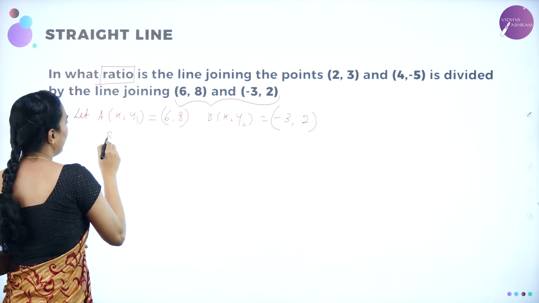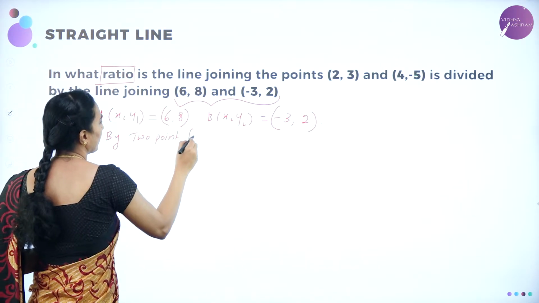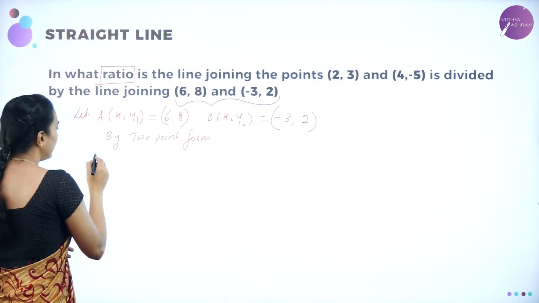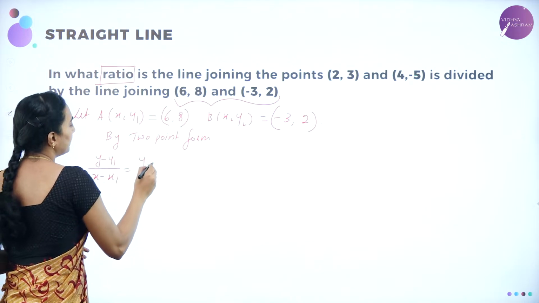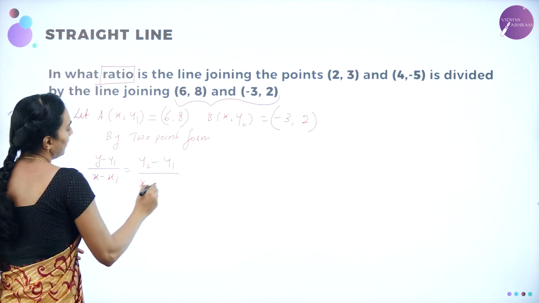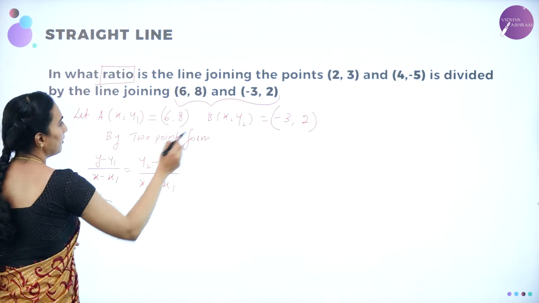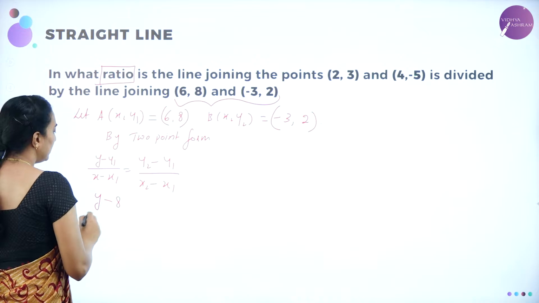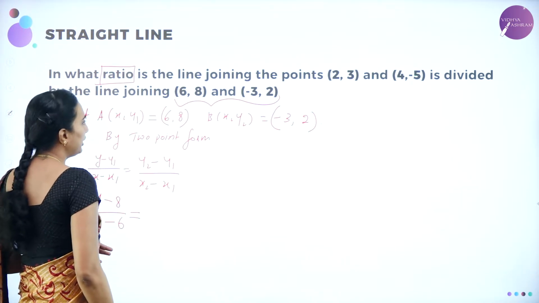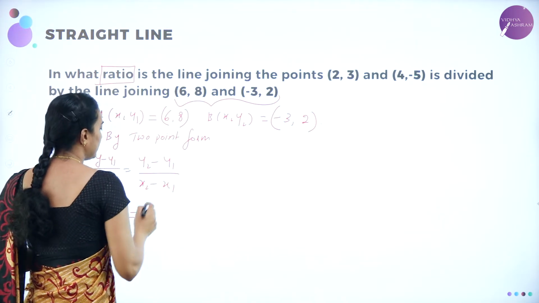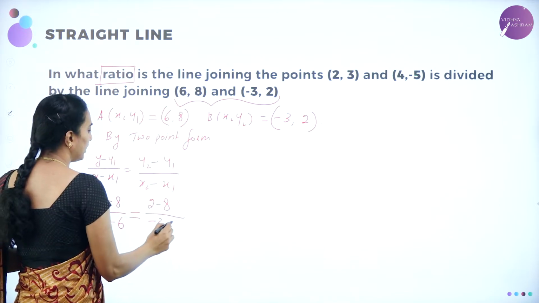So by the 2-point form, you can have (y - y1)/(x - x1) = (y2 - y1)/(x2 - x1). Here y - y1 is y - 8, divided by x - x1 which is x - 6, is equal to y2 - y1, which is 2 - 8, divided by x2 - x1, which is -3 - 6.